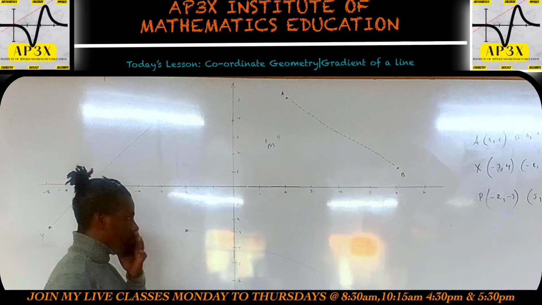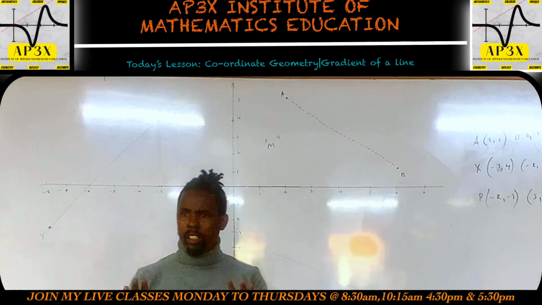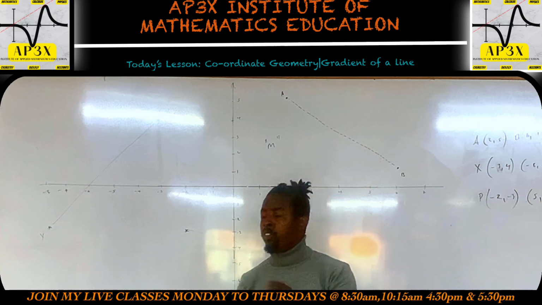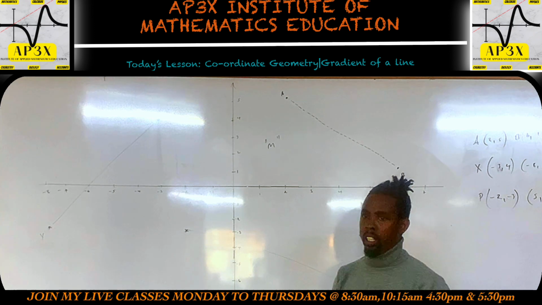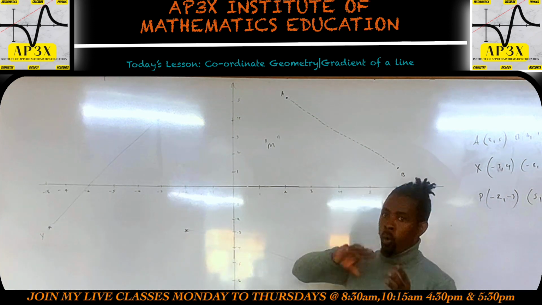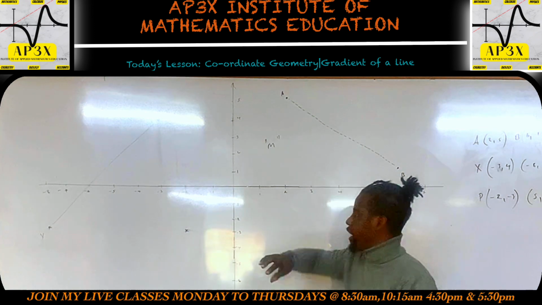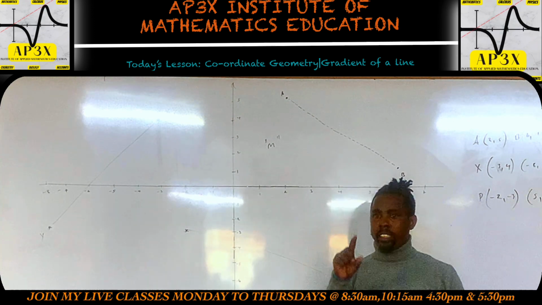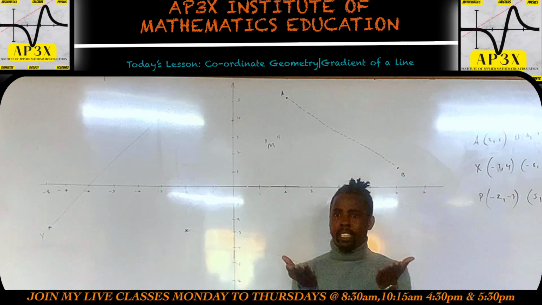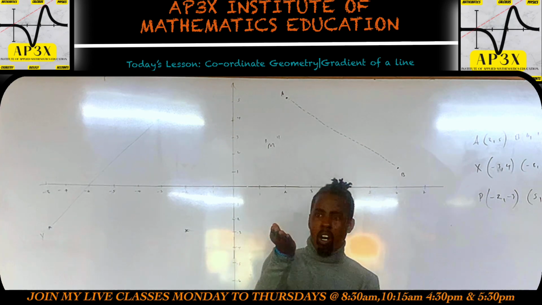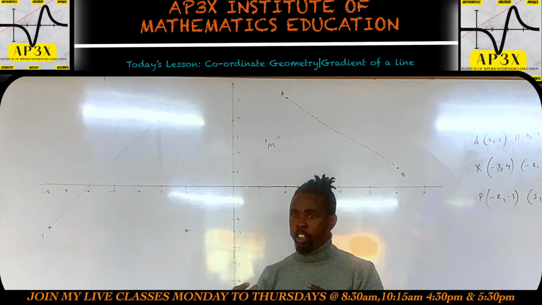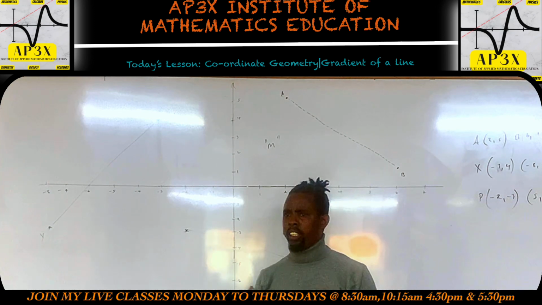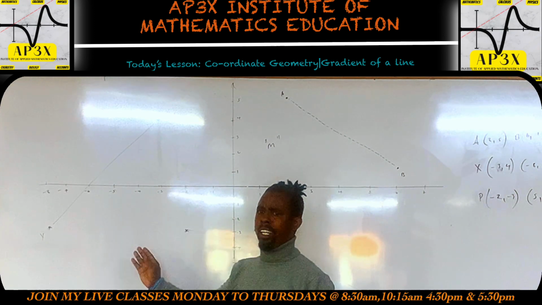Now, let's look at the different categories of slopes that we have. But before we do, let us understand that the slope is not something that you can locate on the graph. It's a value that represents the steepness of the line. So when you get a gradient like minus 3 over 4, it doesn't mean that it is minus 3 and up 4.